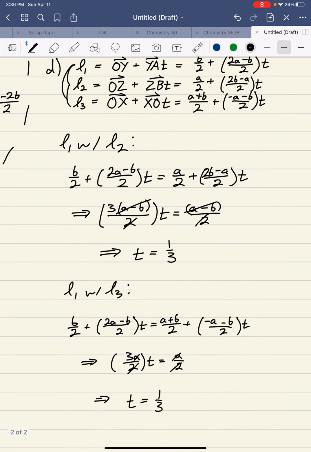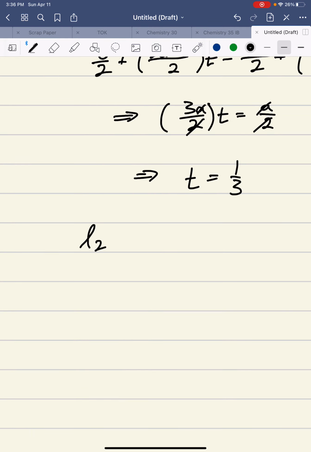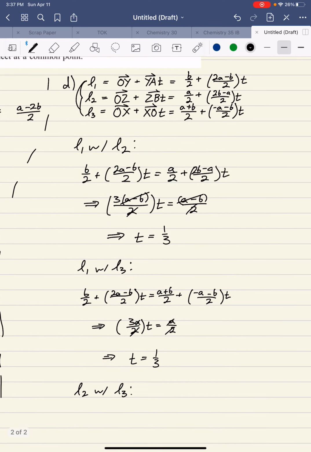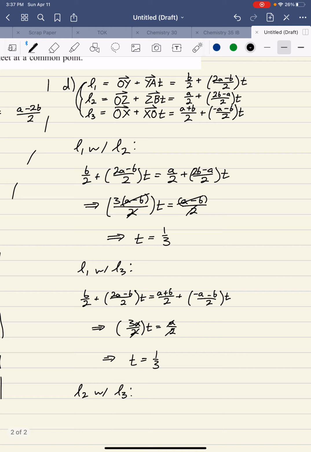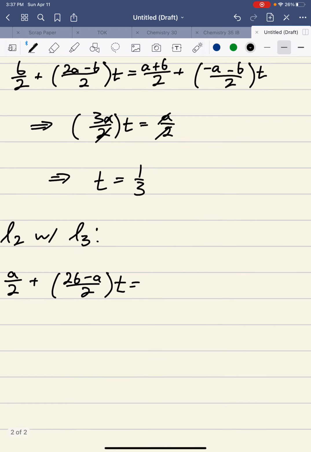So now we do lines 2 and 3. When we do line 2 with line 3, we just equate them once again. So a over 2 plus 2b minus a over 2 t is equal to a plus b over 2 plus negative a minus b over 2 times t.